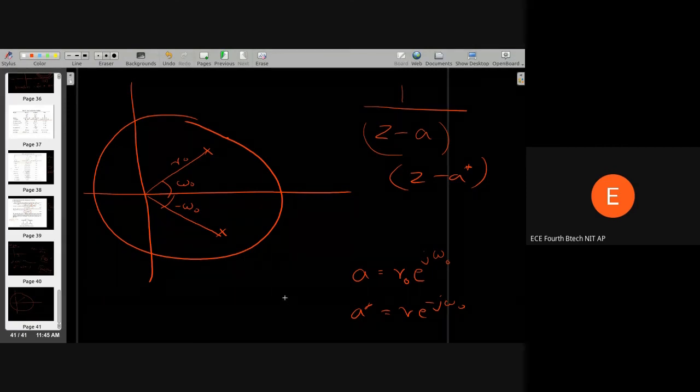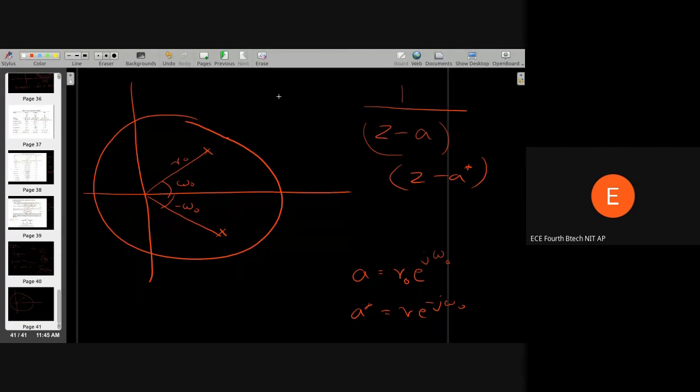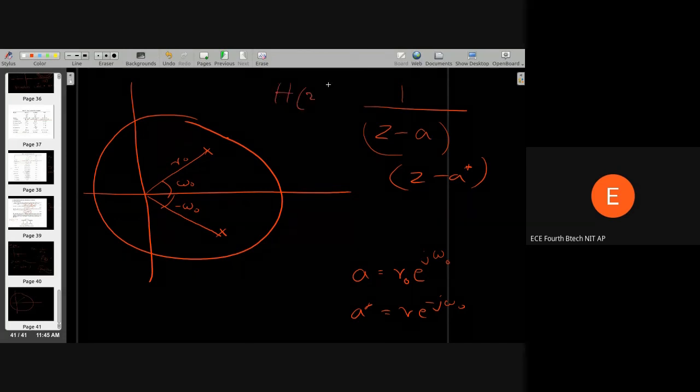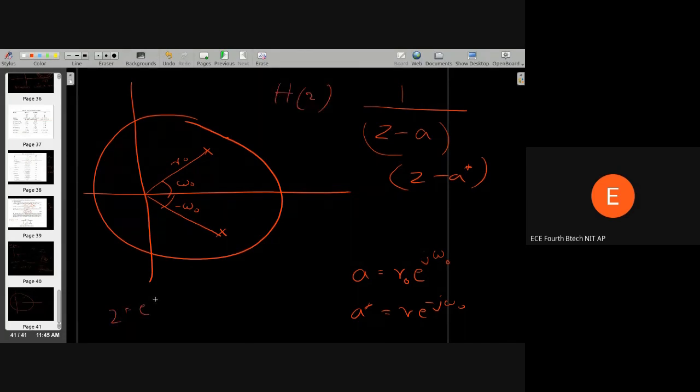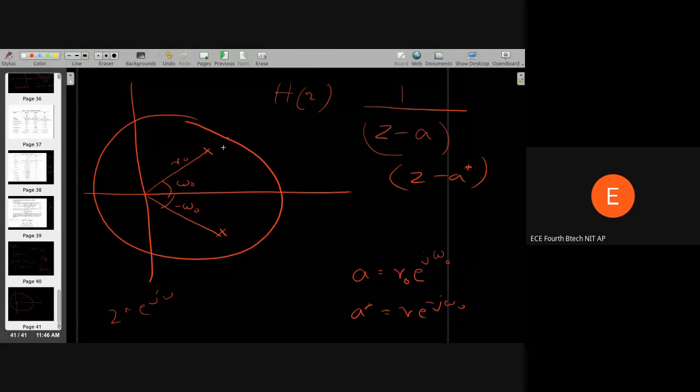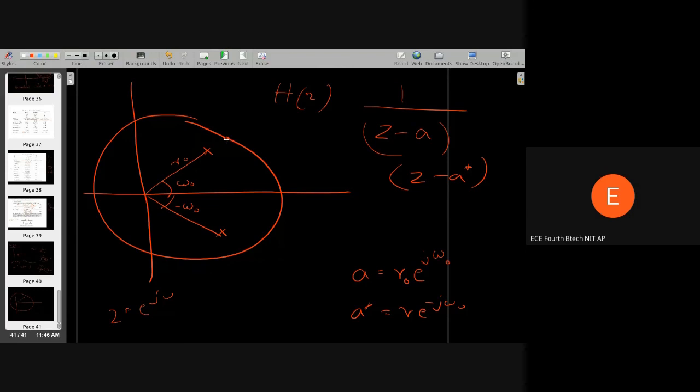Now we know that if you put z equal to e to the power j omega, we get the Fourier transform, as I have told you. So let's try to get the Fourier transform here. This is the line; depending on the value of omega, you get the Fourier transform value for that particular frequency.